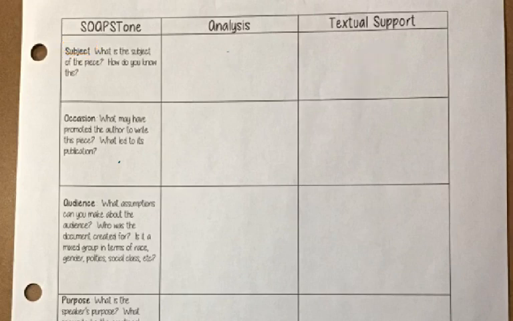And you can go ahead and use, now I don't have pink on my program, so this is red, but make sure you get the pink highlighter and just make a pink little dot right here, because anytime we find evidence in the article that shows the occasion, we're going to highlight that evidence in the article pink. Next, you can grab green, just make a little green dot here.